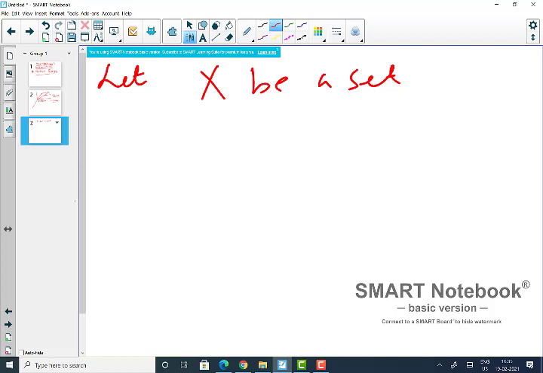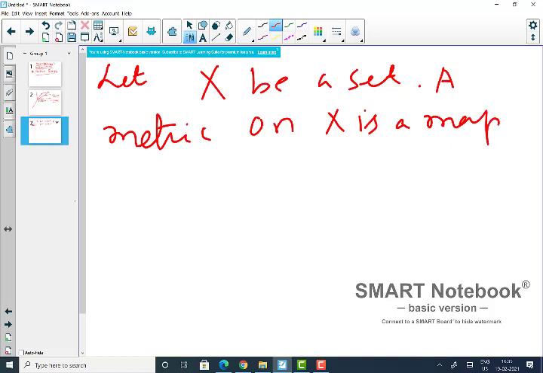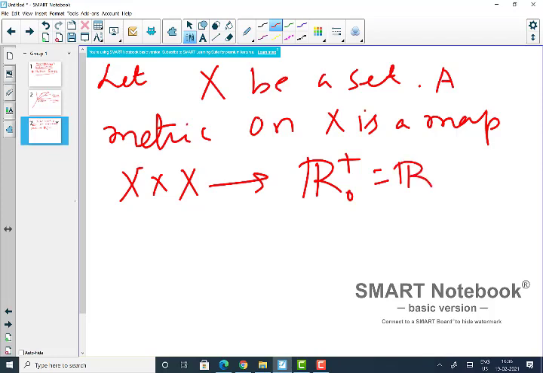A metric on X is a map from X cross X to R plus union 0, which means it can also take the value 0, satisfying the following properties.